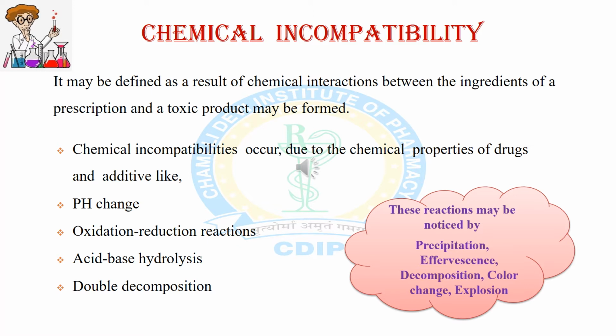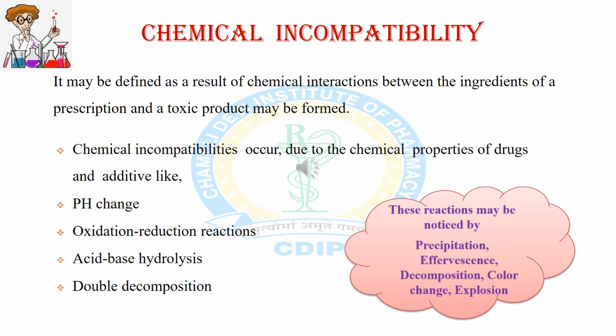Chemical incompatibility may be defined as a result of chemical interaction between the ingredients of a prescription, and a toxic or inactive product may be formed. It may occur when a reaction between two or more substances leads to a change in the chemical property of the pharmaceutical dosage form. As a result of this, a toxic or inactive product may be formed.